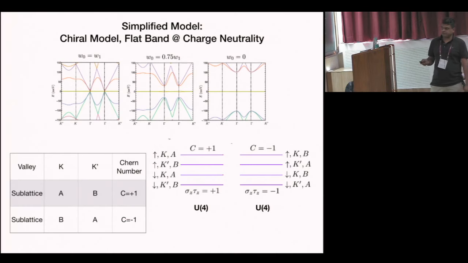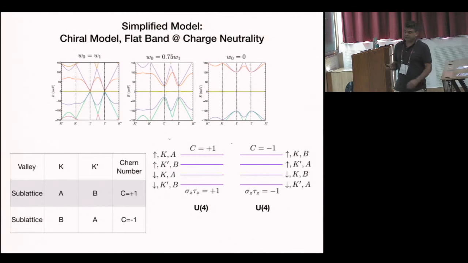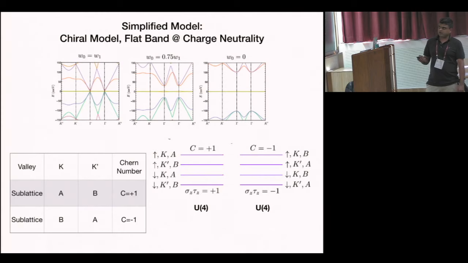So there's a huge symmetry that appears when you make these assumptions that you're in the chiral model and you're in the flat band limit. We'll see that that big symmetry allows us to solve this problem. And then we'll be interested in how this symmetry breaks down as you go towards reality.